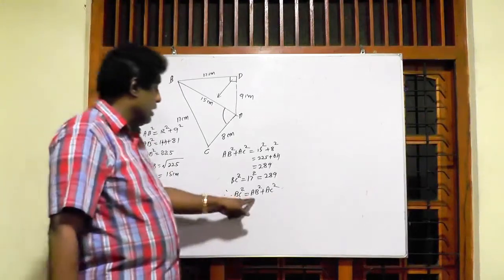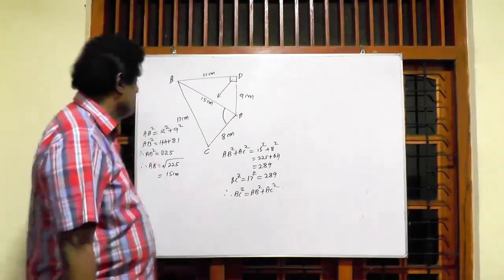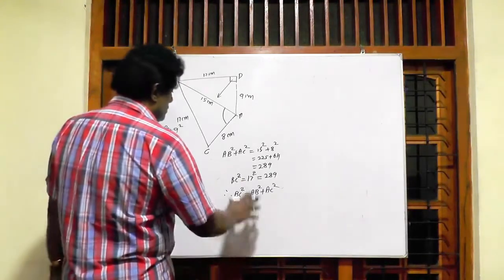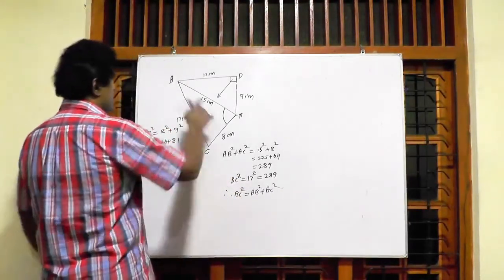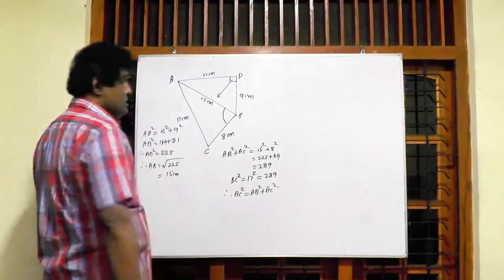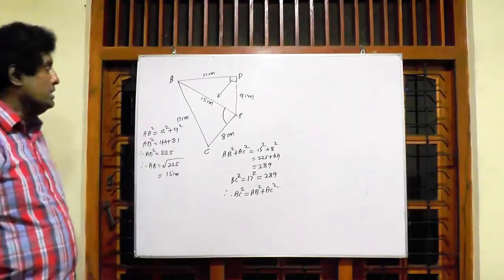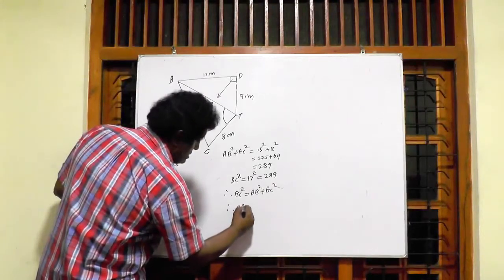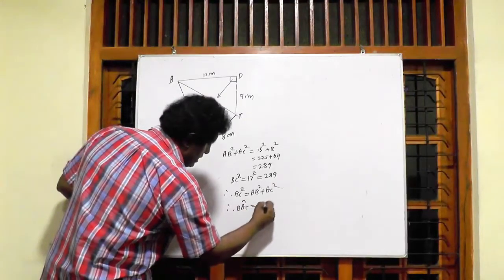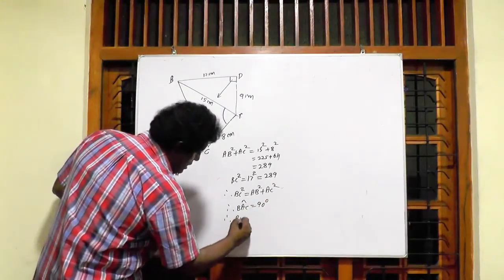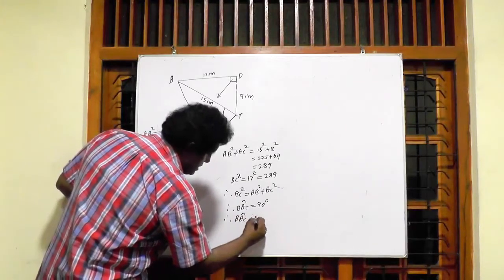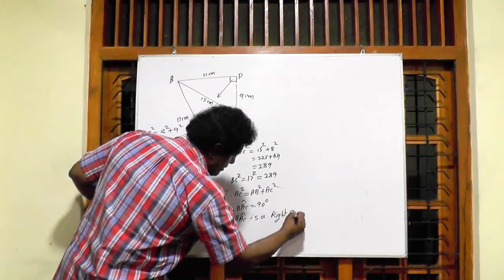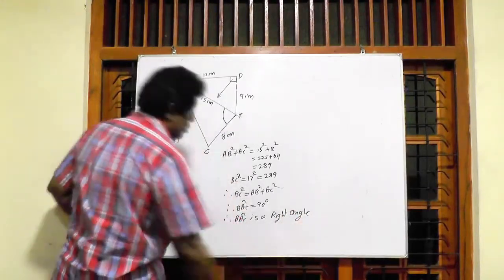If AB squared plus AC squared equals BC squared, then we can see the angle BAC is an angle of 90 degrees. Therefore, angle BAC equals 90 degrees, then angle BAC is a right angle.